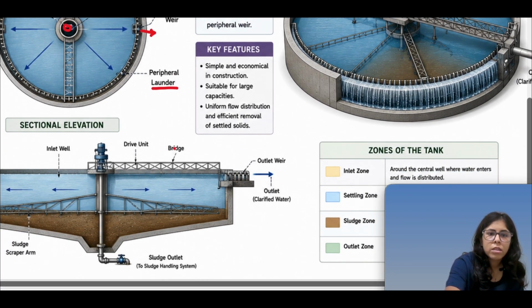If I want to see the sectional elevation, we have peripheral launders, we have the outlets. So here clarified water will come. From the inlet you will see the dirty water will come, and while it's traveling horizontally till here there will be settlement of the sludge, okay. And then we have sludge scraper arms also that will scrape the sludge.